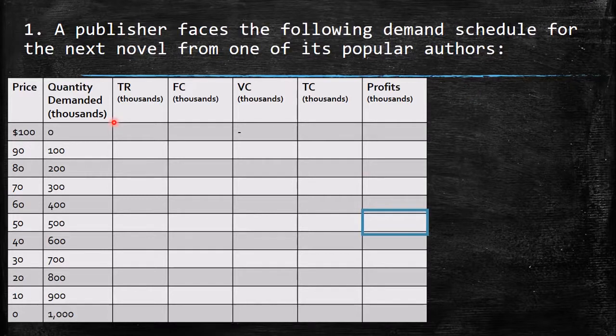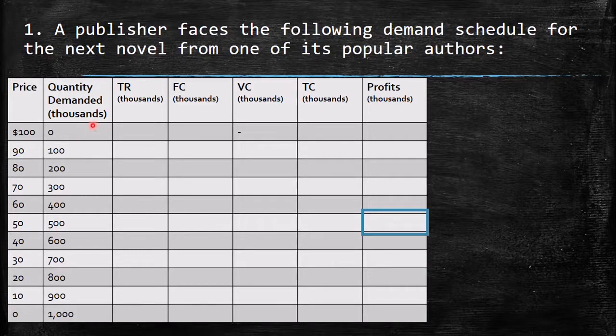It's important to understand that here we have the price, which decreases here, and here we have the quantity demanded at each price. Naturally the quantity demanded increases once the price decreases. The book provides that number with another three zeros, but I'm going to avoid that to keep it as simple as possible.